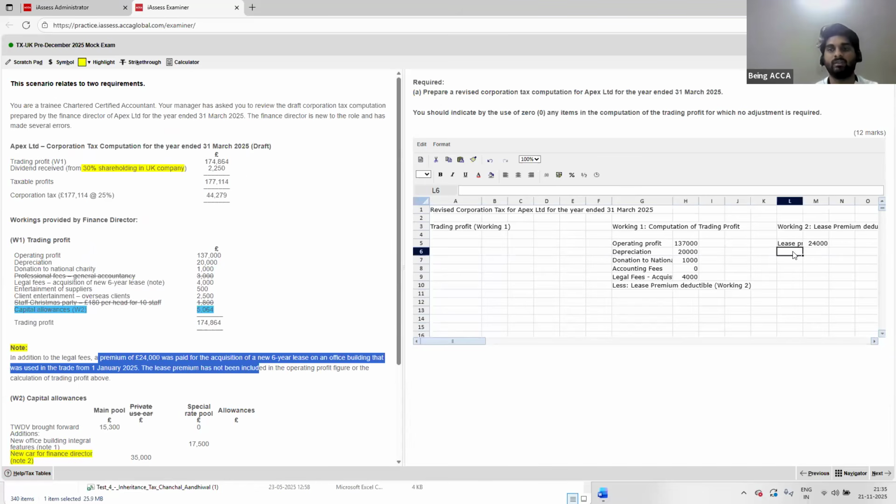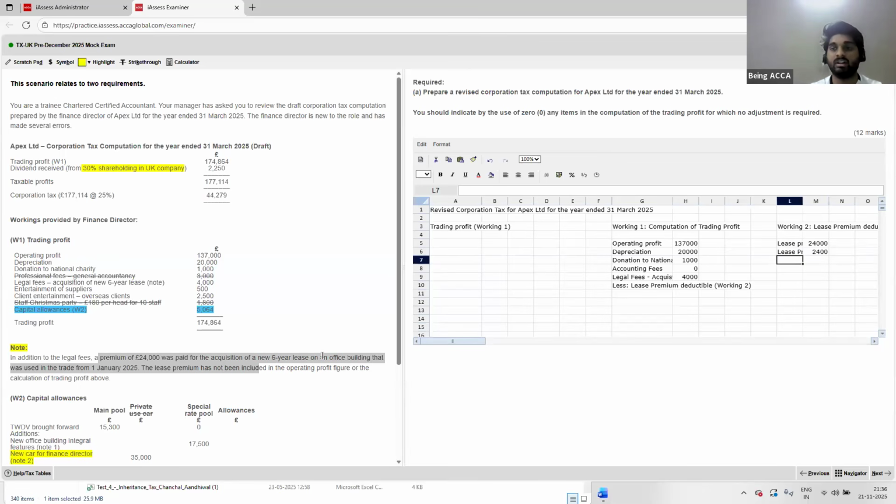If it is not provided as well, the formula would be: lease premium deductible is equal to the lease premium into, we can directly show it here, 24,000 into 2% into the number of years minus 1. The number of years of the lease is 6 years, so 6 minus 1 would be 5. Into 5 would be the calculation, which should give us 2,400.